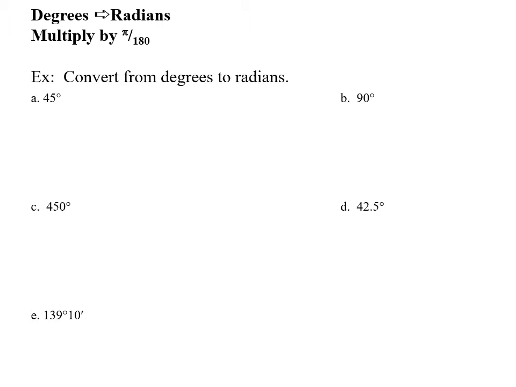So if we want to convert from degrees to radians, like for instance a 45-degree angle that will pop up a lot of the times in several different sections, we could take that 45 and multiply it by pi over 180. And we tend to like to leave the pi in there, and so what you'll notice is that 45 will go into 180 4 times, and so this is pi over 4.